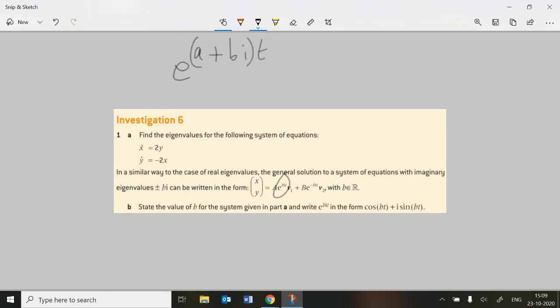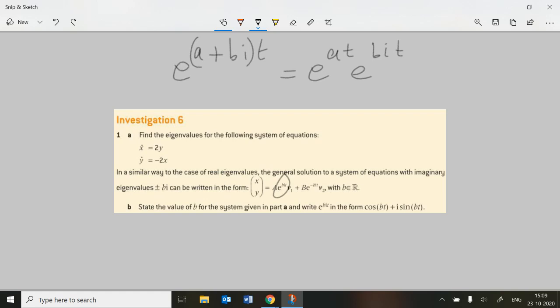Okay, now if we then wrote that in a slightly different way, if we said that's e to the at, using our laws of indices here, times by e to the bit, we're going to get, as I said before, you're going to do the same with the other part as well, and you'll be able to factorize this out just with a minus with this other part here. And then overall, we'll be able to take out a factor of e to the at.